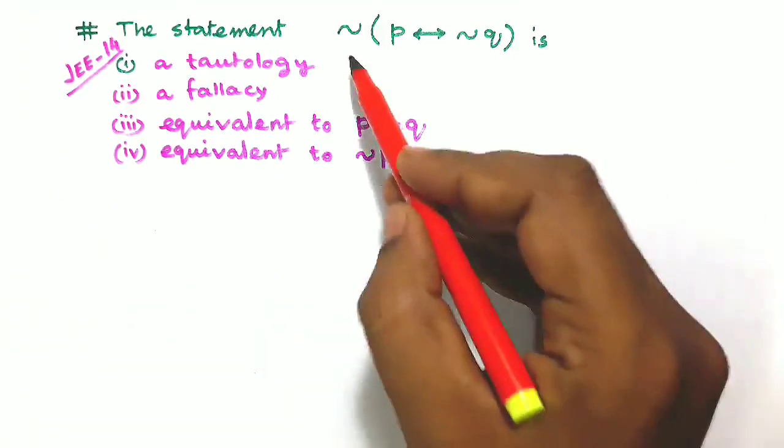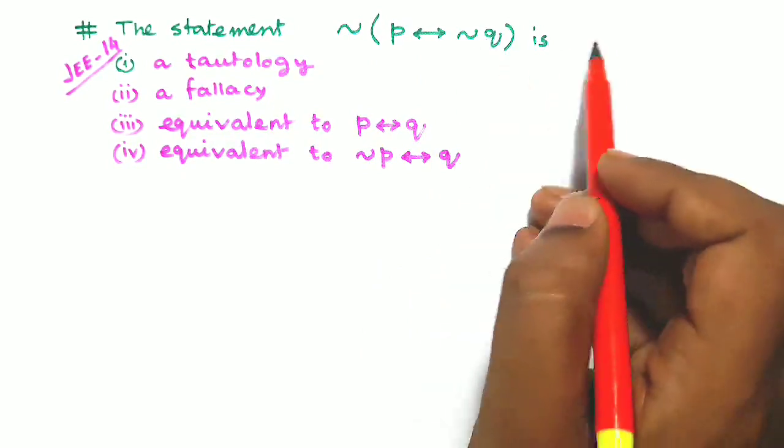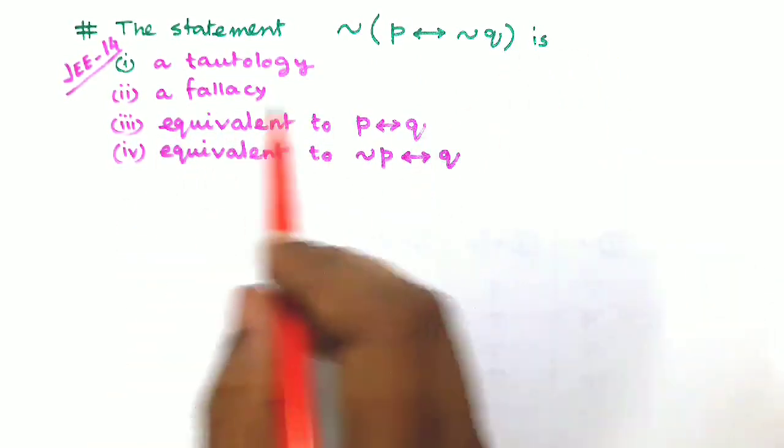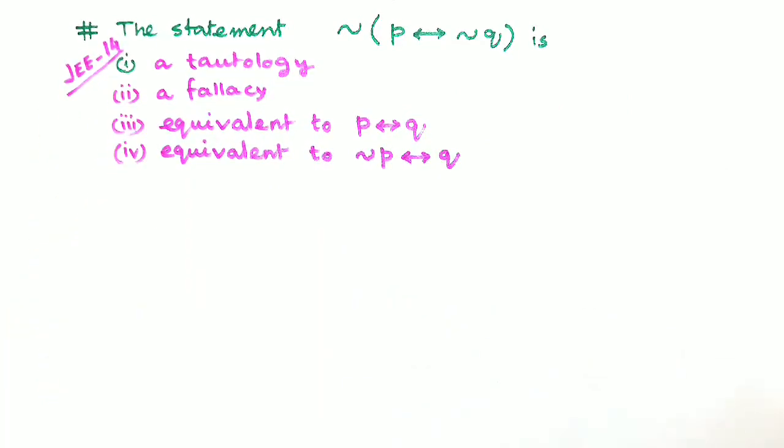Is the statement negation of (P double implication negation Q) is, there are 4 options, you have to choose the correct one. This is taken from JEE 2014. So let's see.